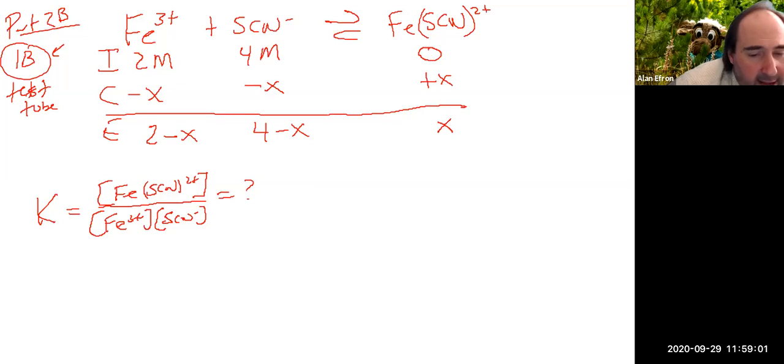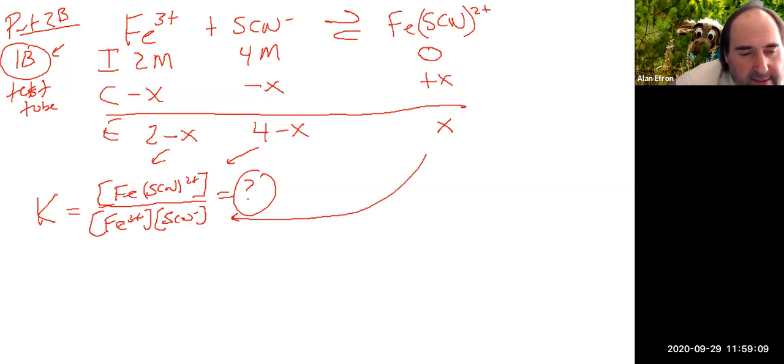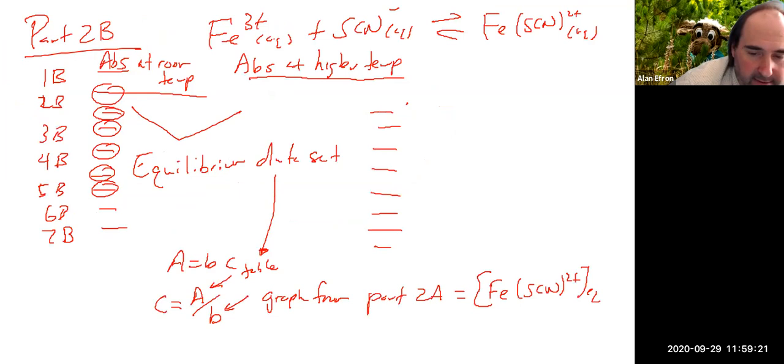We cannot put all these in here because we don't know what X is. Much like what we did in the very last example today in lecture, we need to work our way backwards. This is where part A comes into play.